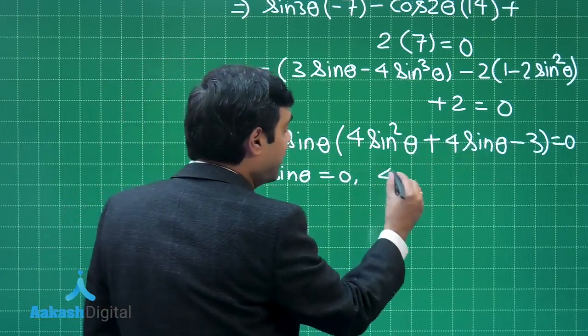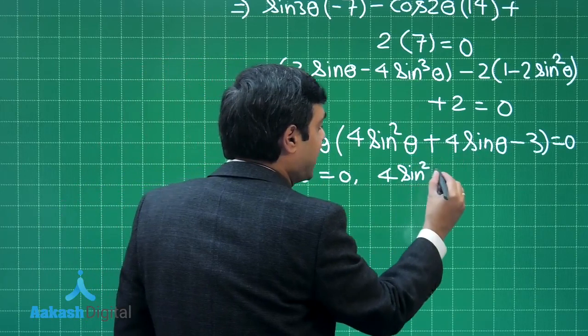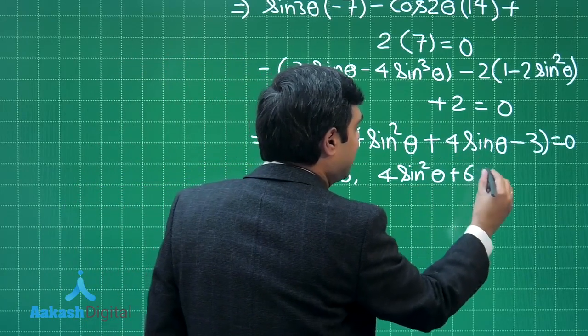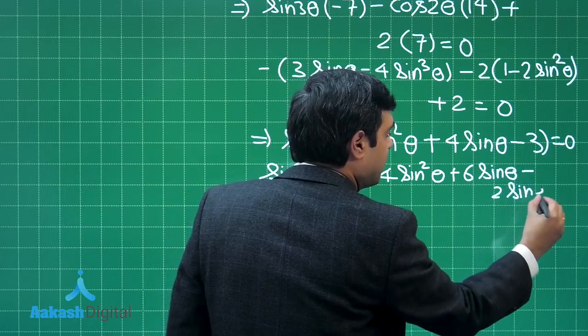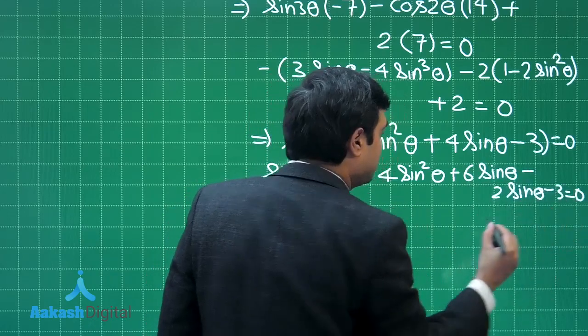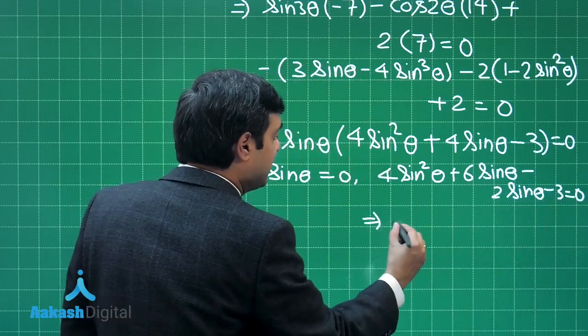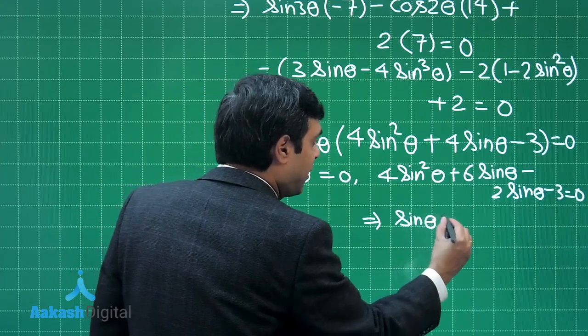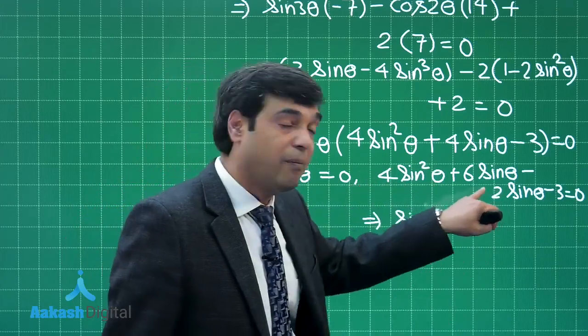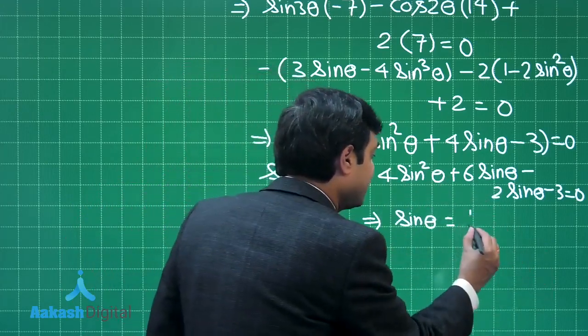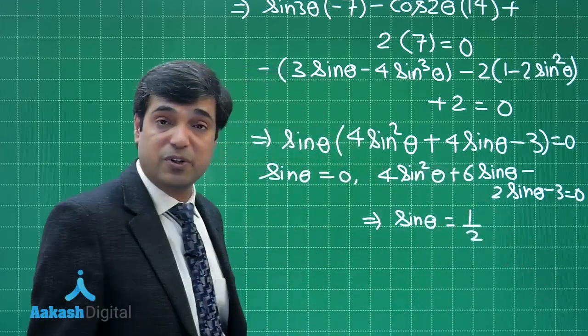We can factorize it as 4 sin square theta plus 6 sin theta minus 2 sin theta minus 3 is equal to 0. So, from here you have simply sin theta is equal to half, as 2 sin theta minus 1 is taken common. So, you have sin theta equals half, the other factor is not possible.